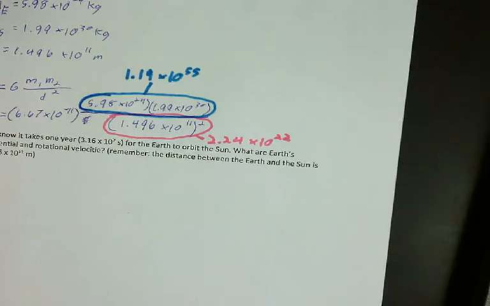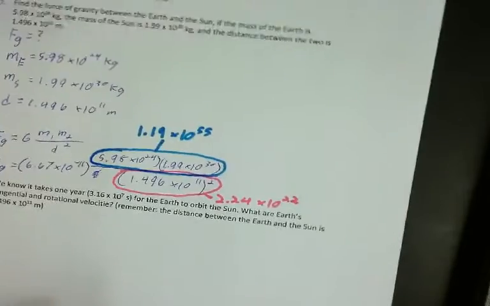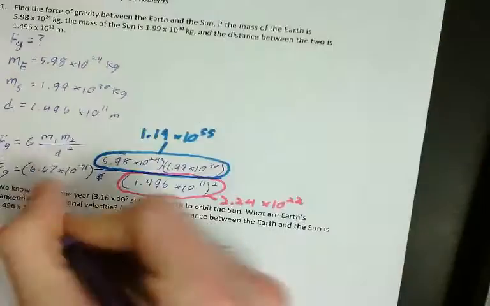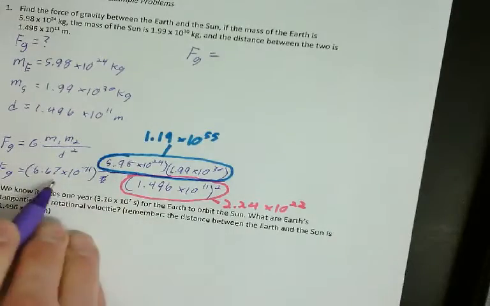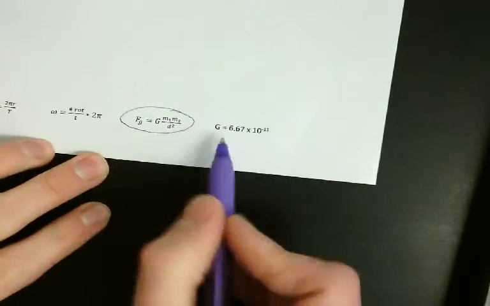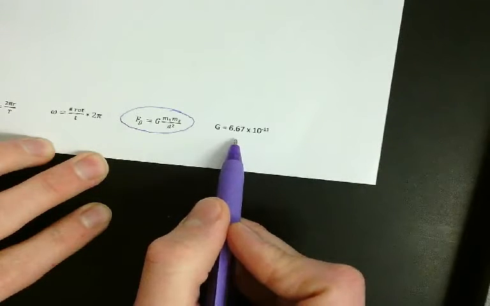Okay, now I'm going to go ahead and rewrite it up here. So, F_G equals big G. And I had some questions on where this number came from. Big G is down here. I realize now I might have given you the wrong number in the notes. So if I did, that's my apologies.